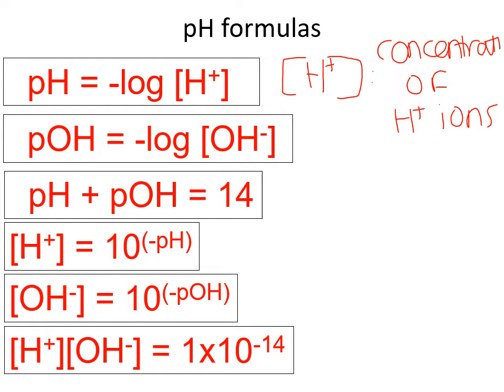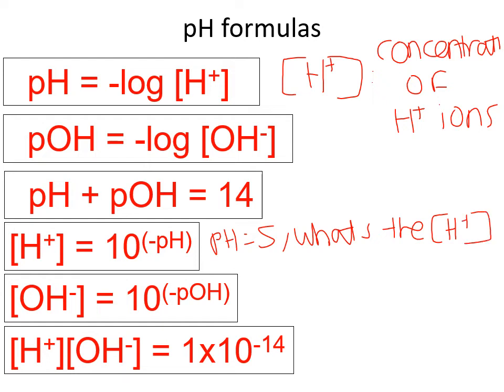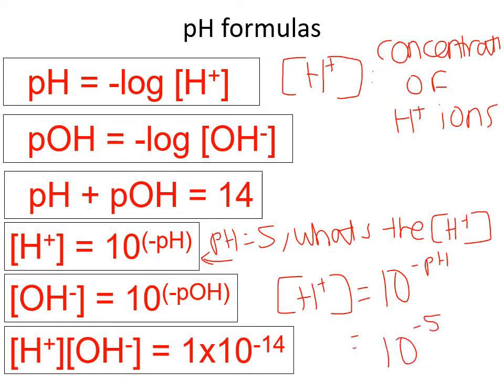And then if you wanted to figure out the concentration of hydrogen ions, you would take 10 to the exponent of negative pH. So let's say something had a pH of 5, and I wanted to know the hydrogen ion concentration. You would use this formula: hydrogen ion concentration equals 10 to the negative pH. So that equals 10 to the negative 5.